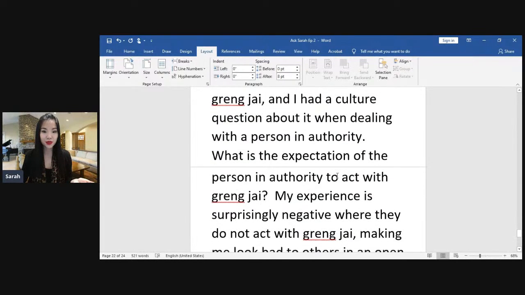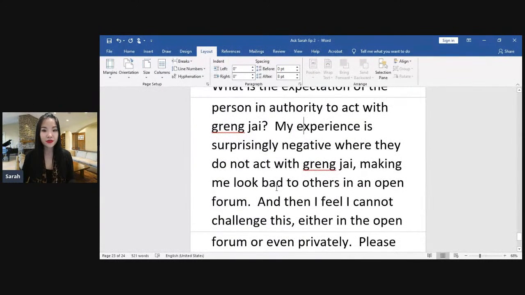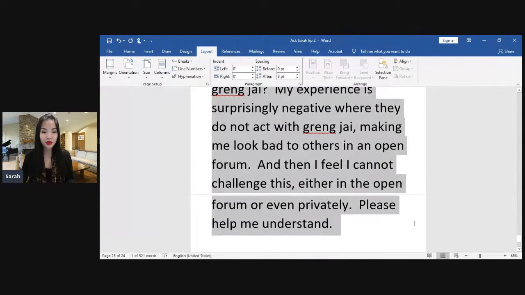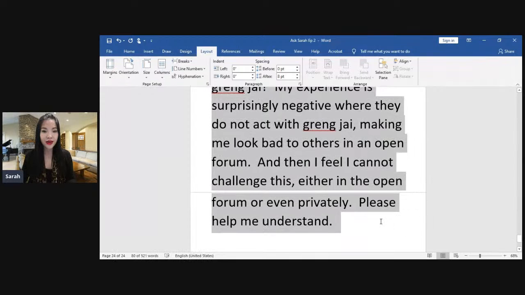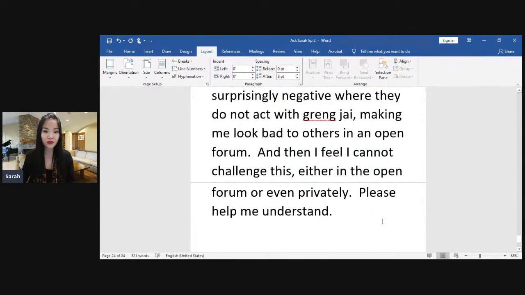What is the expectation of the person in authority to act with greng jai? My experience is surprisingly negative, where they do not act with greng jai, making me look bad to others in an open forum. And then I feel I cannot challenge this, either in the open forum or even privately.